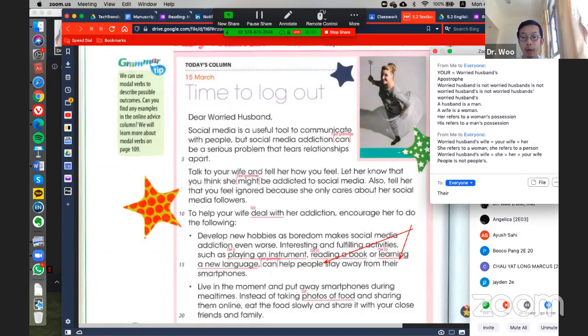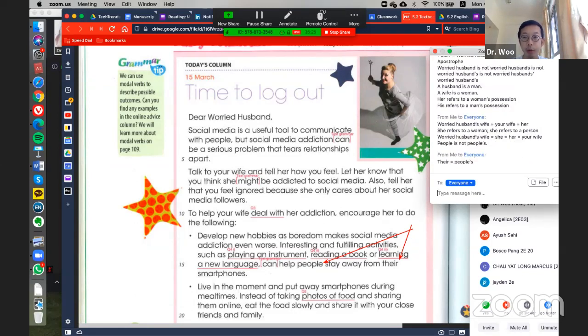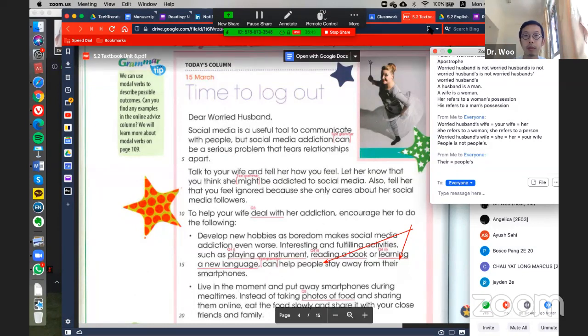Whose smartphones equals people's smartphones. So can help people stay away from people's smartphones. Let's move on.